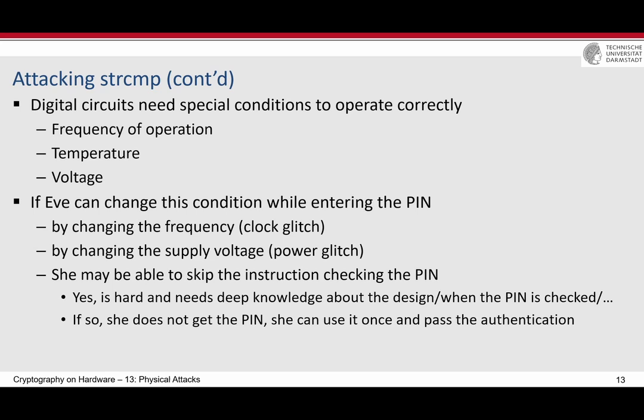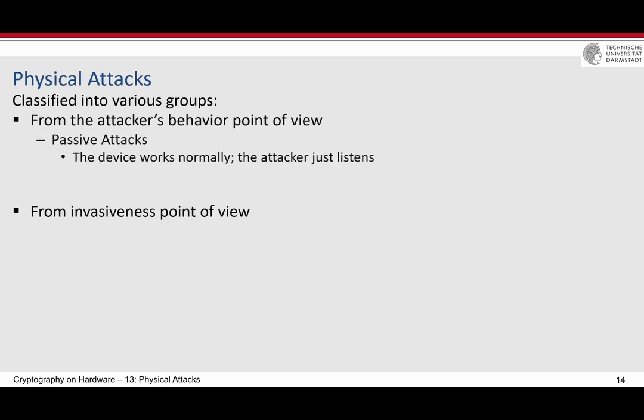But in this particular case of the attack, you do not find the key, you do not find the pin, you actually just pass this check. And if you want to access the same data again, you have to repeat the attack, which is not the case in the timing attacks or power attacks. Then there are many different kinds of physical attacks.